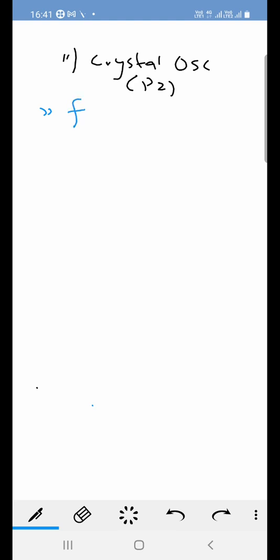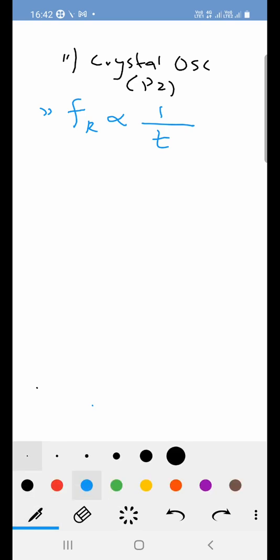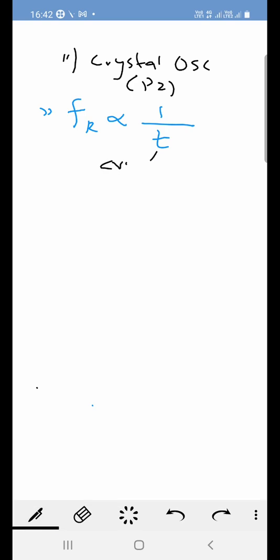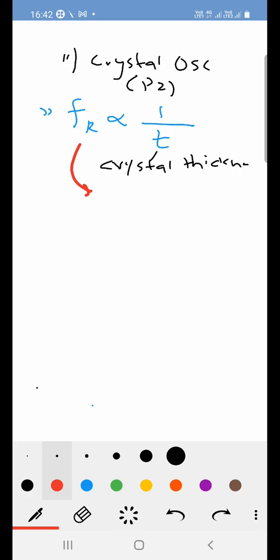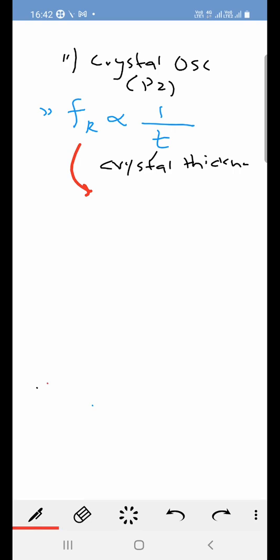We'll call the resonant frequency Fr and the crystal thickness T. So Fr is inversely proportional to T.